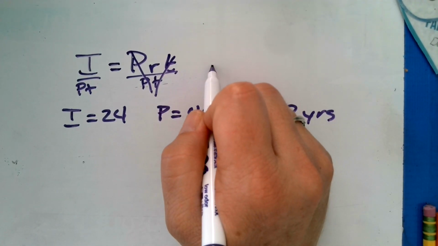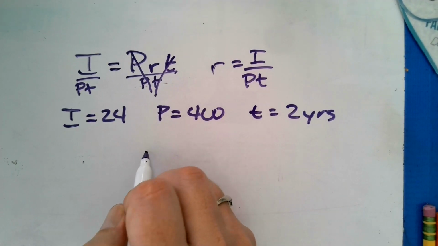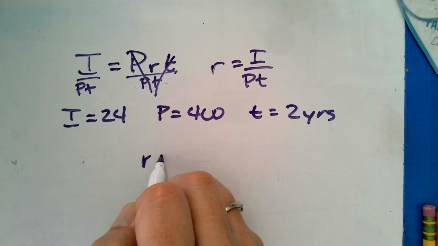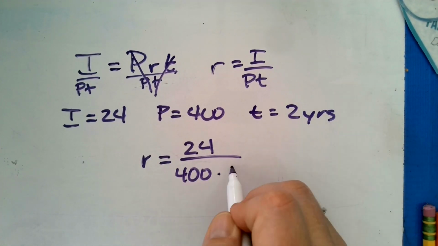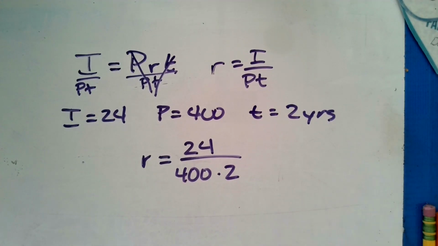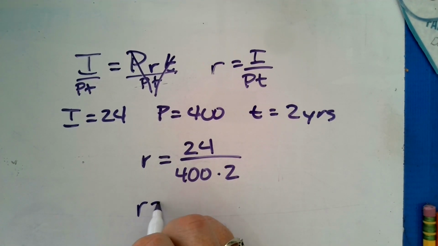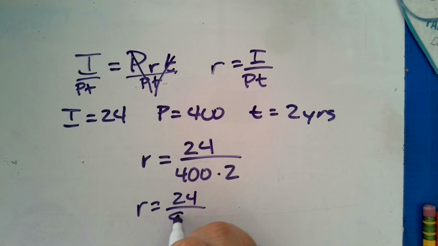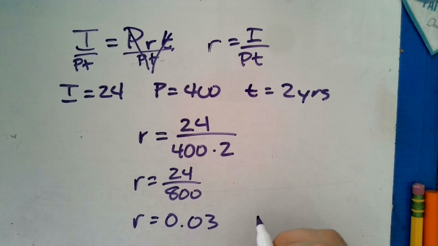So we are left with R equals I over PT. So now we can say R equals 24 over 400 times 2. Now, if you're trying to do this without writing it down on paper, you're not going to be able to keep track of all of this in your brain. So let's go R equals 24 over 800, and then we can divide that out to find the rate. So we have R equals 0.03, which translated to a percentage would be 3%.